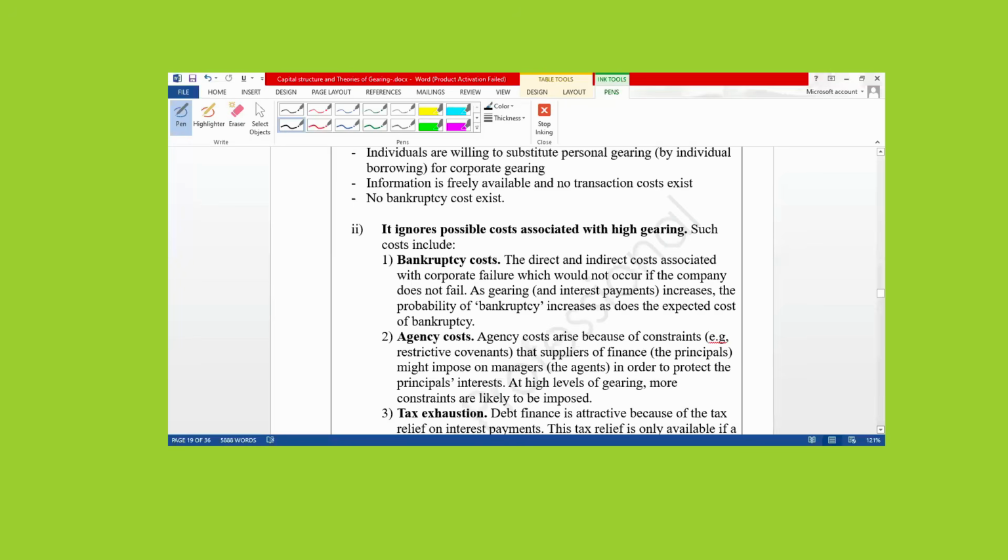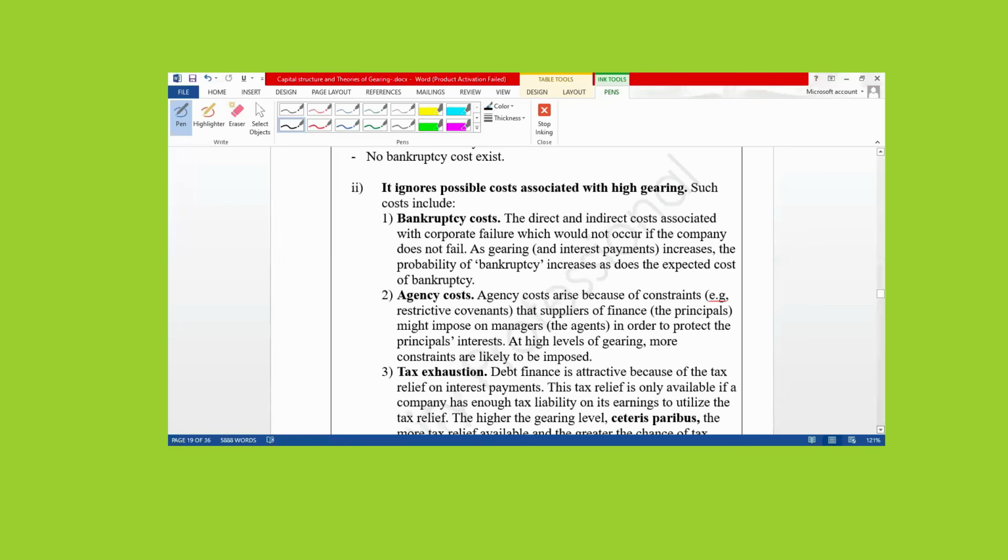Number 3, tax exhaustion. Debt finance is attractive because of tax relief. This tax relief is only available if a company has enough liability on its earnings to utilize the tax relief.